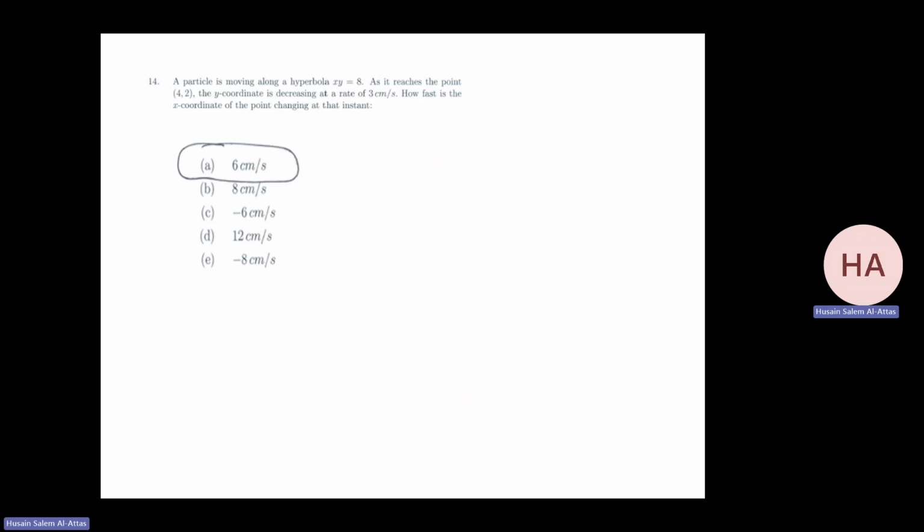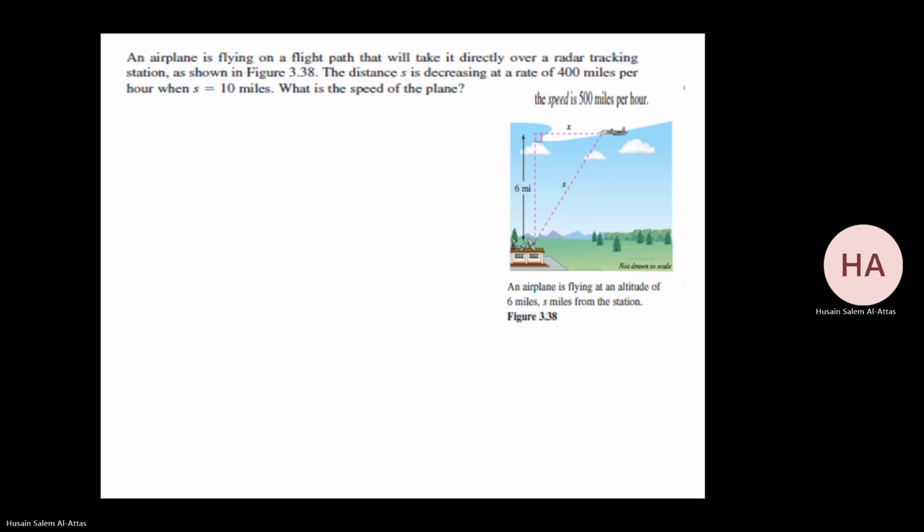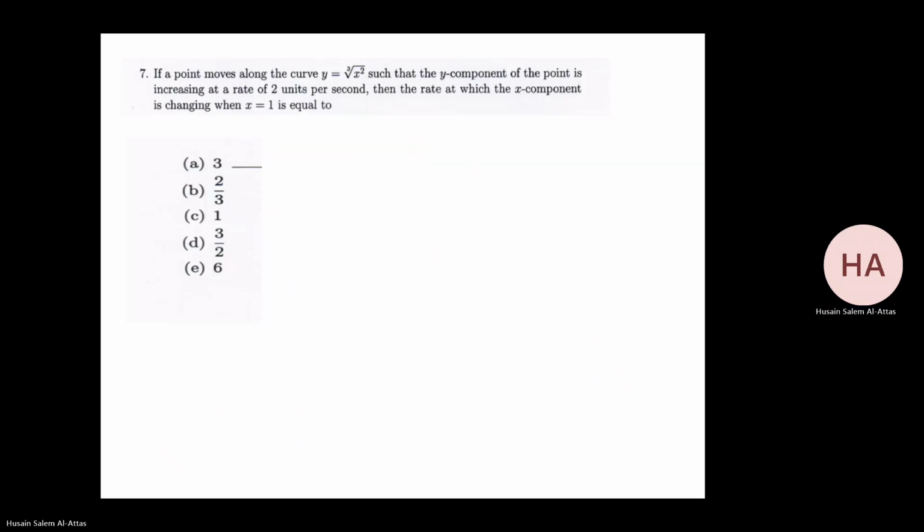This is the same question exactly. Yeah, so this is 6, no problem. The point moves along this. This is the relation. The y component of this is increasing at this rate.